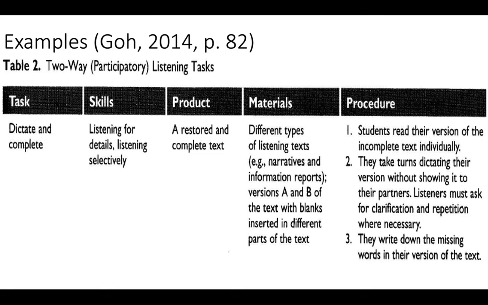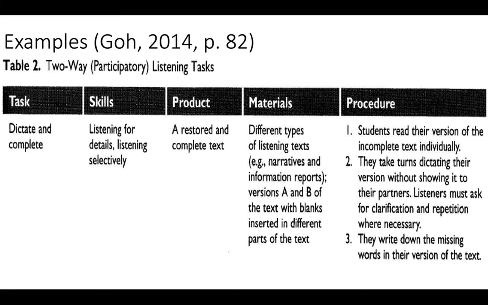You have version A and version B of the text with blanks inserted in different parts. Student A will have version A, and student B will have version B. Version B will have some missing words that version A has, and version A will have some missing words that version B has.